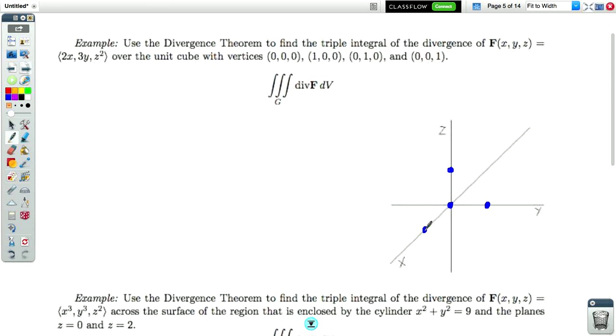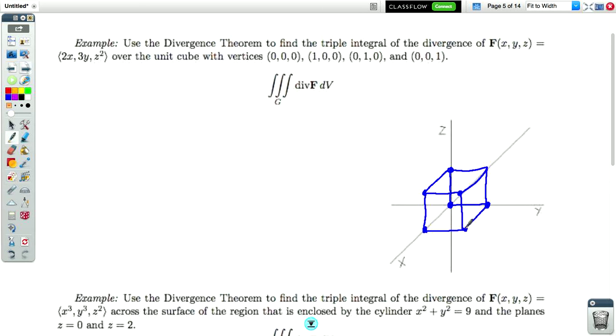So basically we're going to build a cube with those corners, and this is hard to draw on a little tablet, but it's going to look something like this.